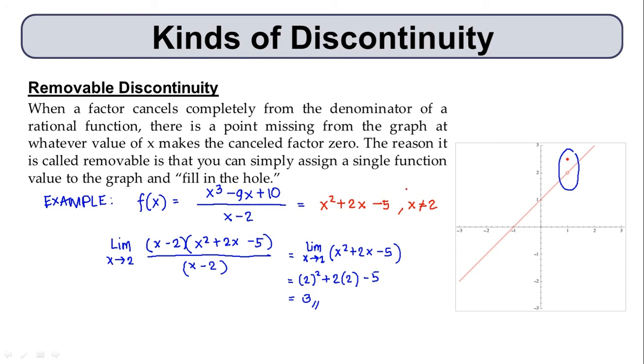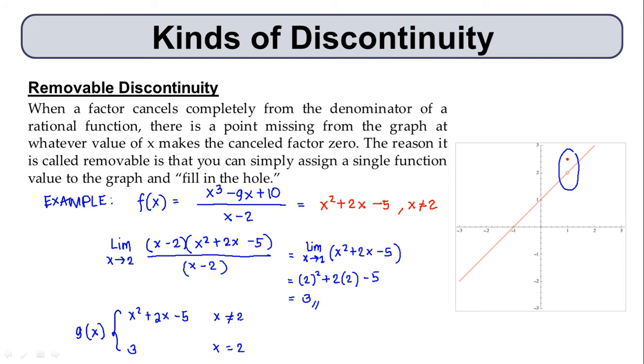So, kung i-rewrite na natin yung ating function, we can say that for another function, represent natin yan as g of x. Equal yan sa x squared plus 2x minus 5 when x is not equal to 2, and ito namang g of x is equal yan sa 3 when x is equal to 2.